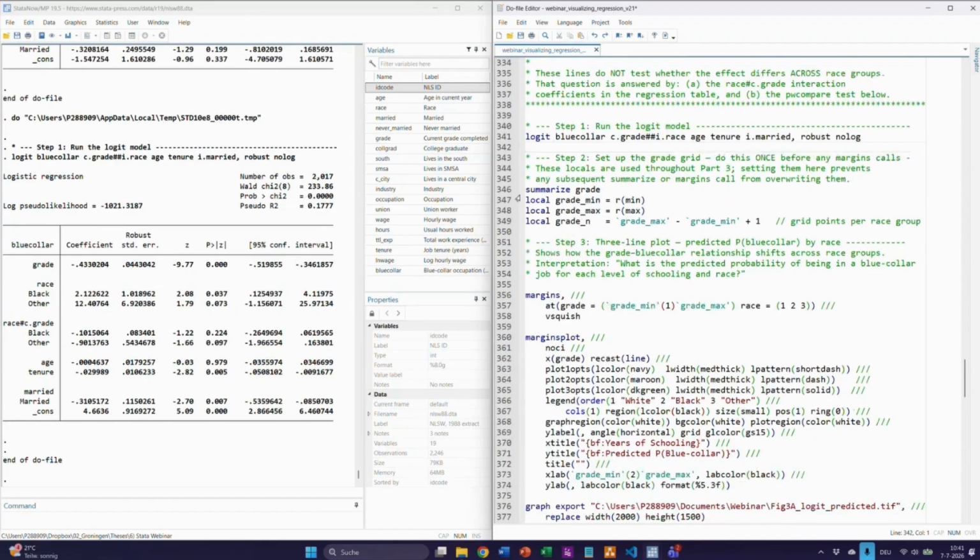The rest is very similar to what we had before. First of all, I store the cutoff points for my moderator in my local, so my memory, or my independent variable as well. In this case for grade, it's a continuous variable where I store the maximum and the minimum grade in my local, and then I can compute the margins for the minimum to the maximum grade with intervals of 1.